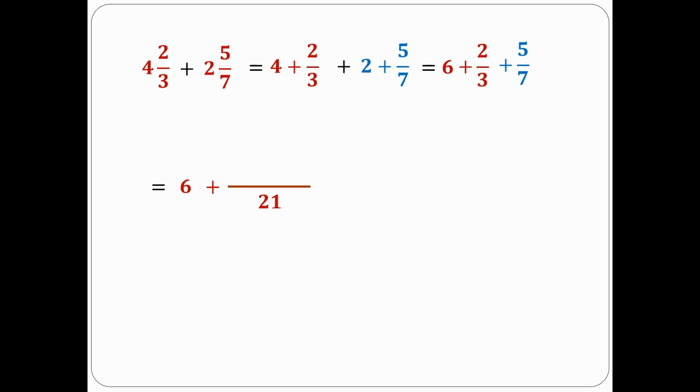So 21 divided by 3 is 7, times 2 is 14. Then 21 divided by 7 is 3, times 5 is 15. So our answer is 6 plus 29 over 21. And so that's how we can add two mixed numbers together.